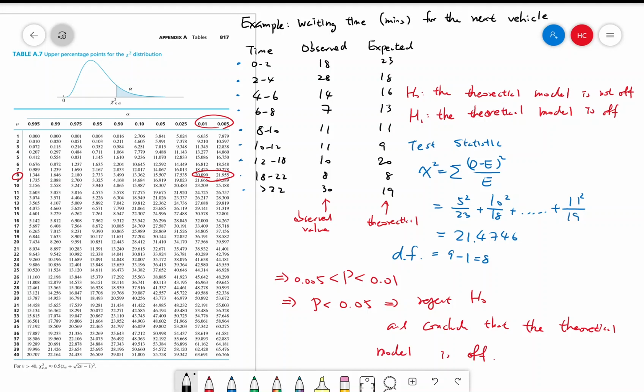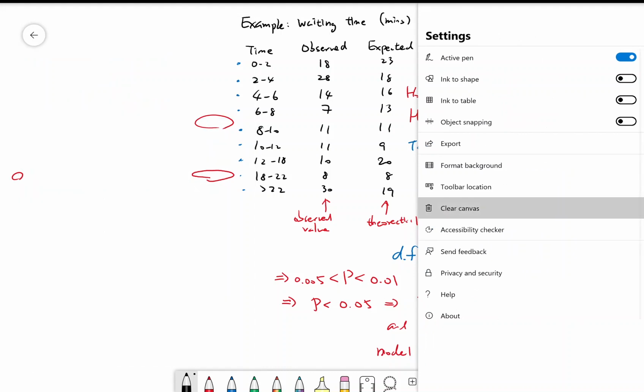All right, so let's do a new example. Let's erase all these. Okay, we have seen this before.